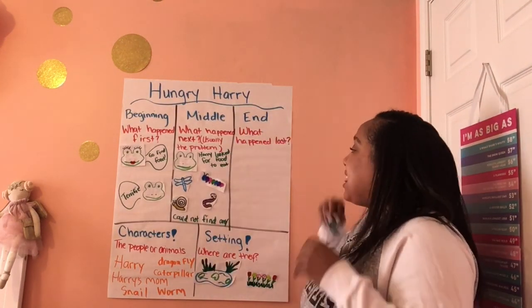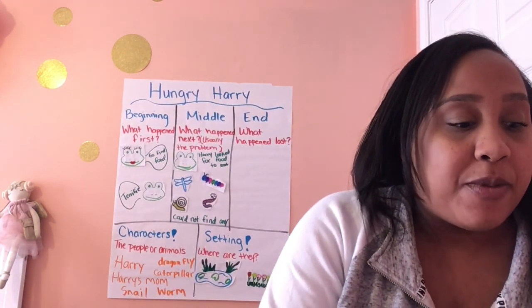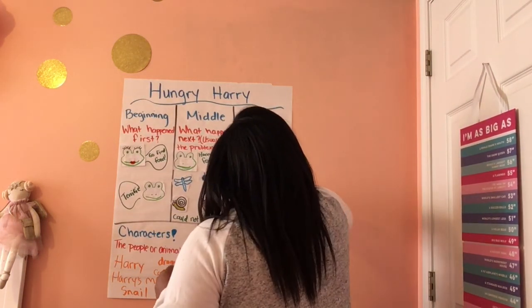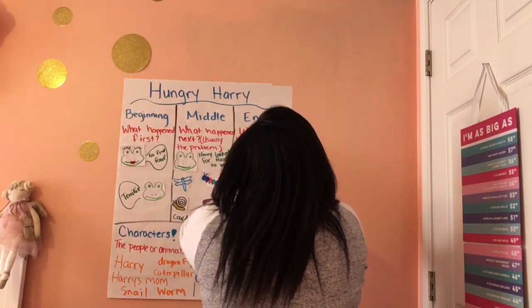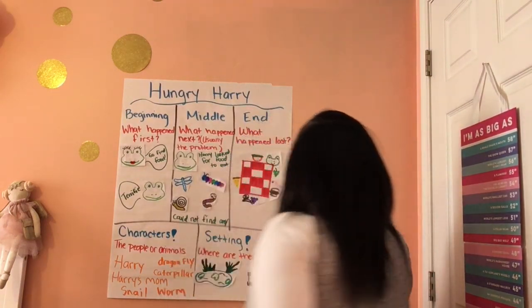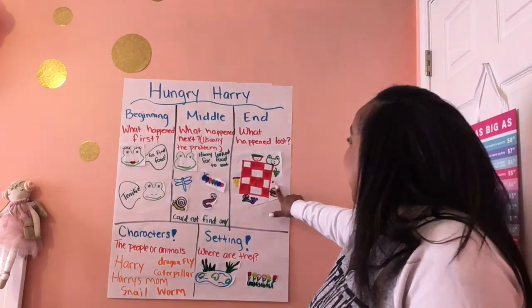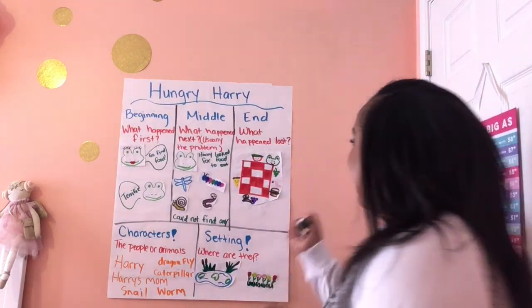And what happened last? What happened at the very end of the story? What did Harry end up finding? My picture will help you. What did Harry end up finding? Yes, a picnic. Yep, Harry found a picnic, right?